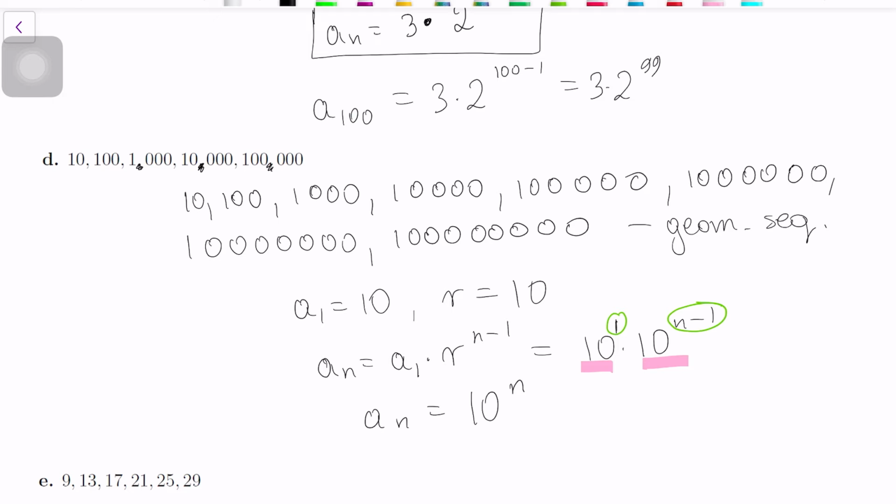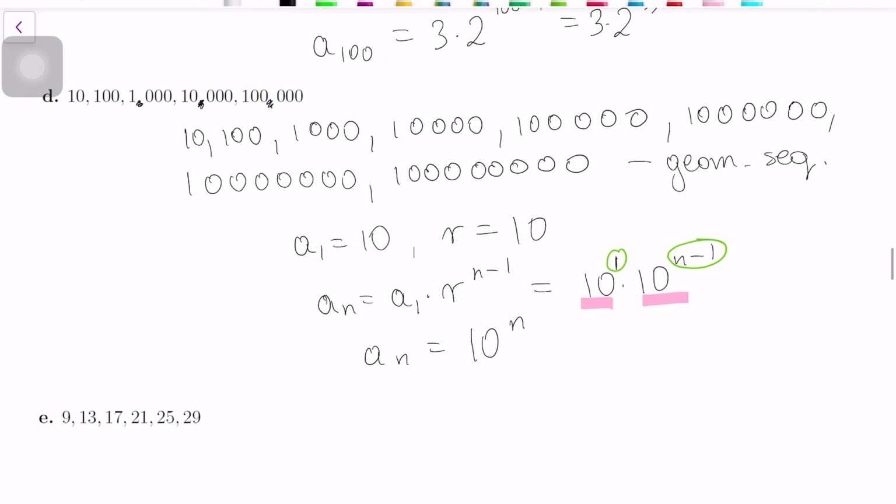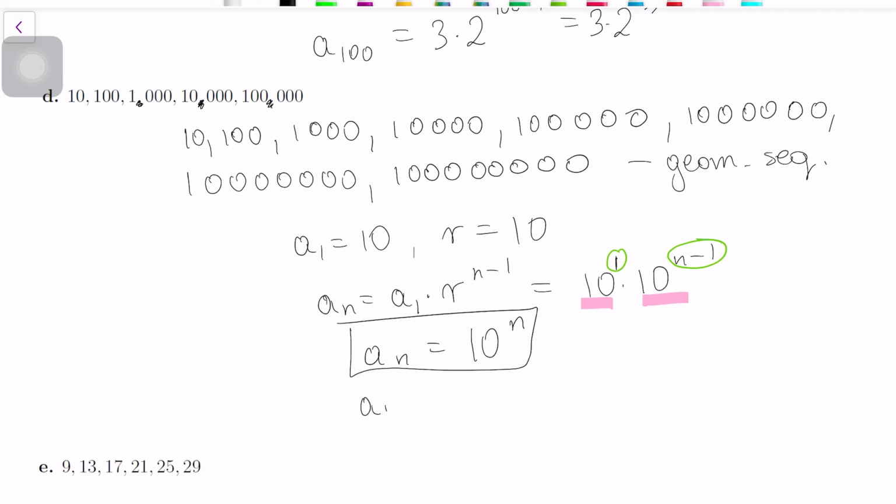So you add the powers, and if you add n minus 1 plus 1, then you're left with n. So the very nice formula. And of course, to find the 100th term, it's a huge number, because it would be 10 to the power 100. So it's 1 and 100 zeros.